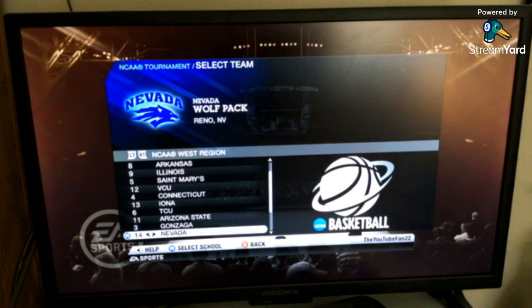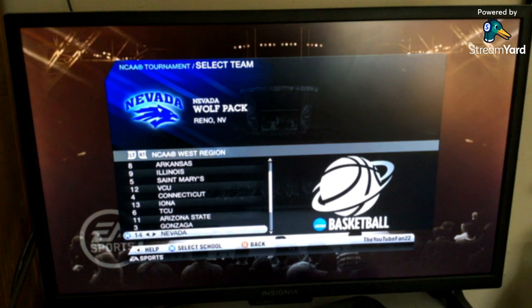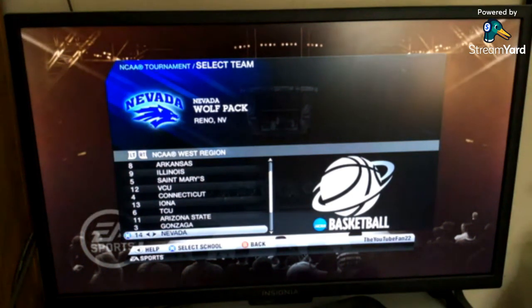That's it for the teams that need to be added. The rest of the teams are in here for this half of the bracket. We'll be doing this again for other teams in the game, but until then, I don't think there'll be any more for the remainder of the West region.